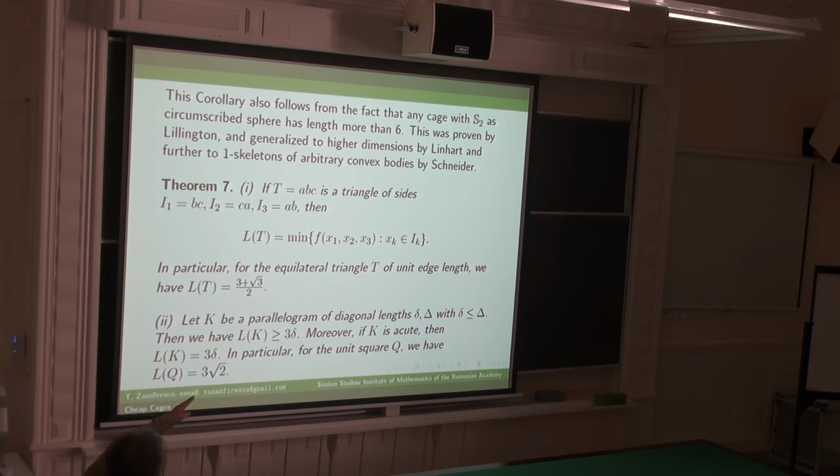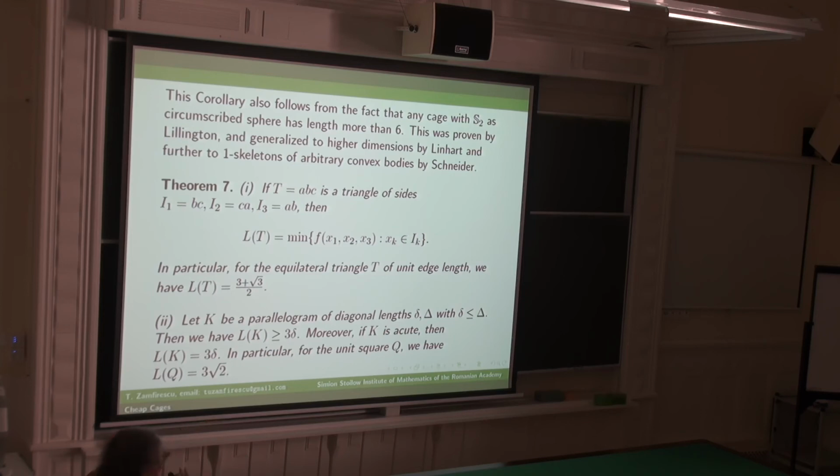If K is a parallelogram with diagonal lengths small delta and big delta, smaller delta being at most equal to big delta, then we have L of K at least 3 delta. And if K is acute, what does acute mean?